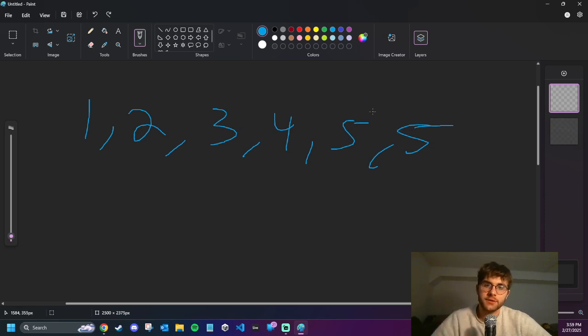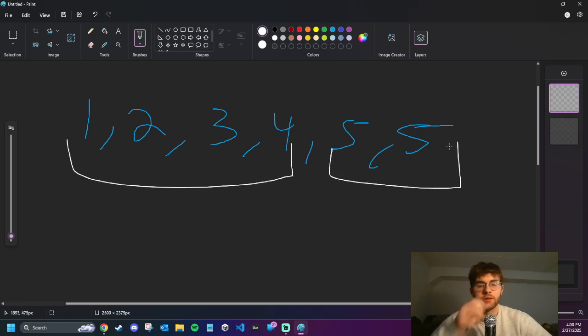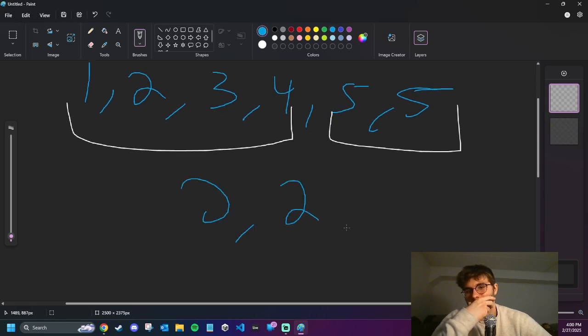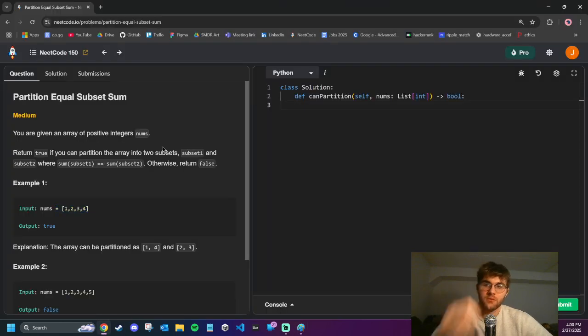Okay, this is an interesting example. So did I disprove my own theory before? Because we're partitioning it like this. Or if we just have like all 2s. That's also possible.